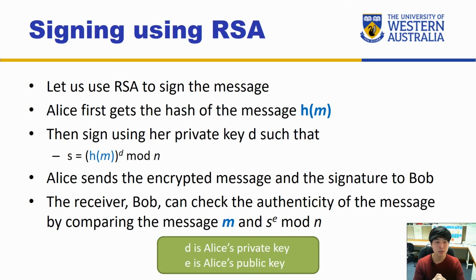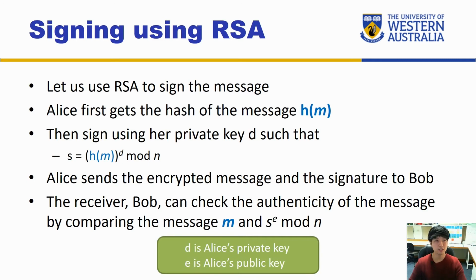So that means Bob can decrypt the encrypted message and then put it into the hash function to generate the hash of the message. And also Bob can undo the signature by using Alice's public key, and then check, after you undo it, you get the hash of the message. So you can check whether those are the same or not, okay?